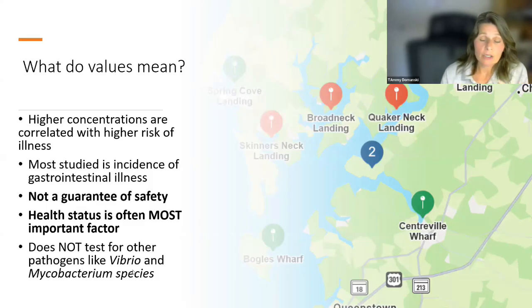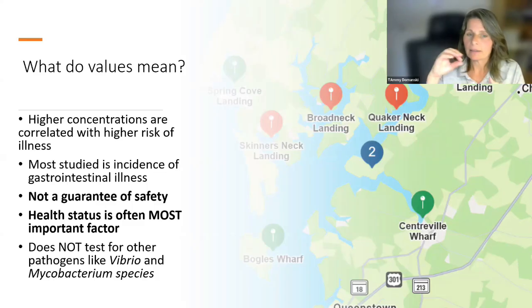They are often species that are naturally occurring in the water, so you just expect to find them there. There have been some studies by NOAA, for example, to correlate temperature and salinity with the likelihood of higher concentrations and infection, but the data's not good enough to have these sorts of thresholds.